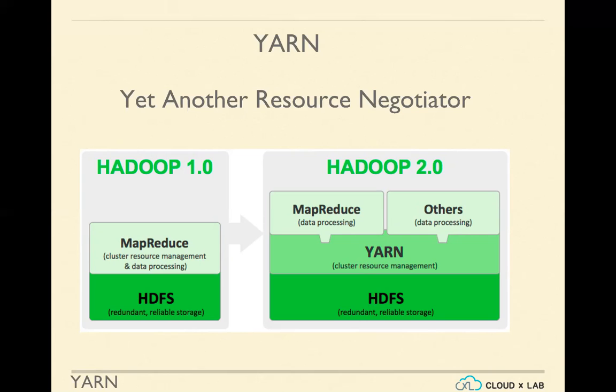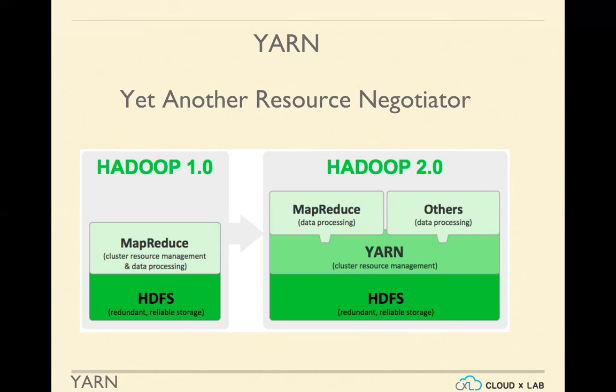Is the idea clear to you? So MapReduce 1.0 became YARN plus MapReduce 2.0. MapReduce 1 became MapReduce 2 plus YARN.